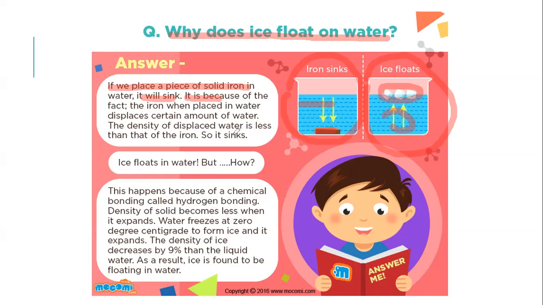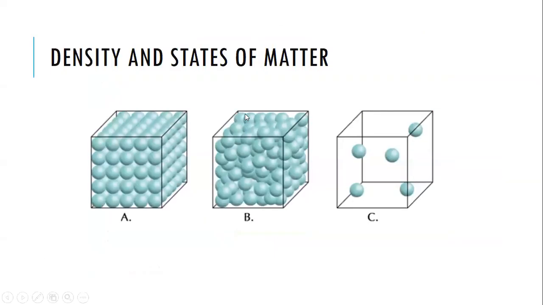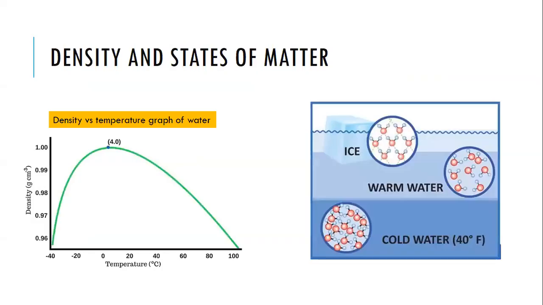But when we look at ice, why does it float? Because of the hydrogen bonding, because of its special chemical property. And that is why aquatic life can survive during the winter.